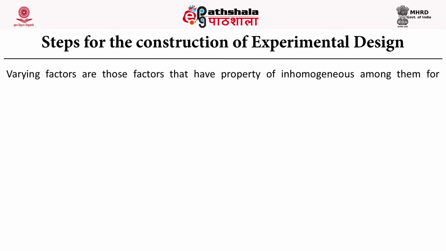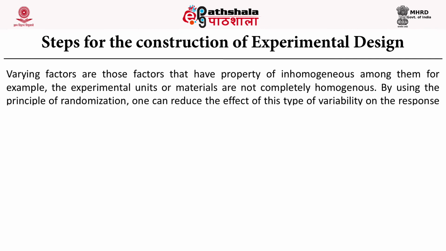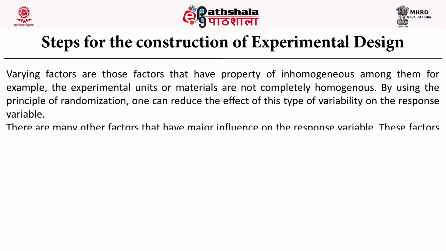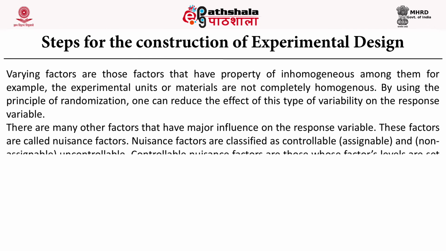Varying factors are those factors that have the property of inhomogeneity among them. For example, the experimental units of materials are not completely homogeneous.